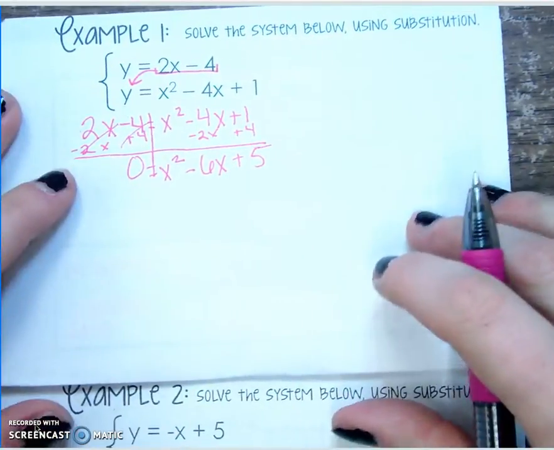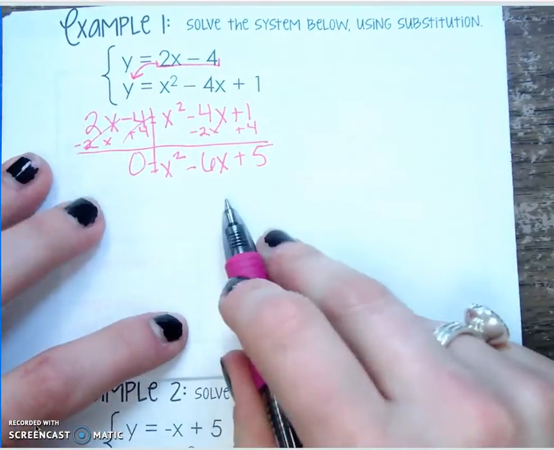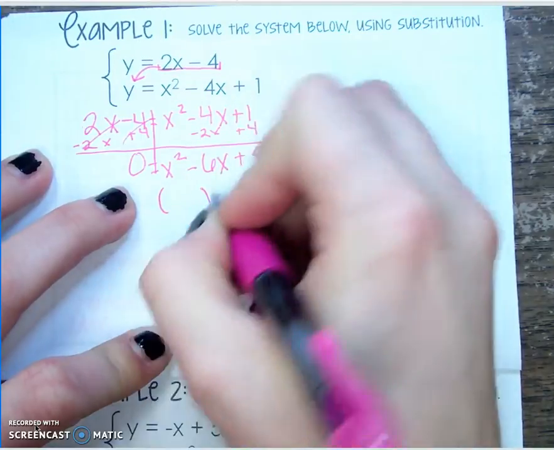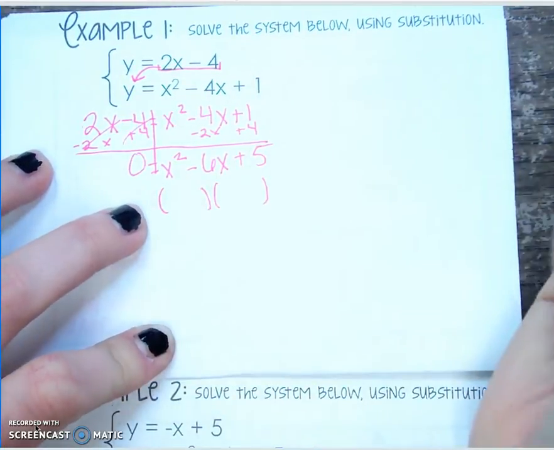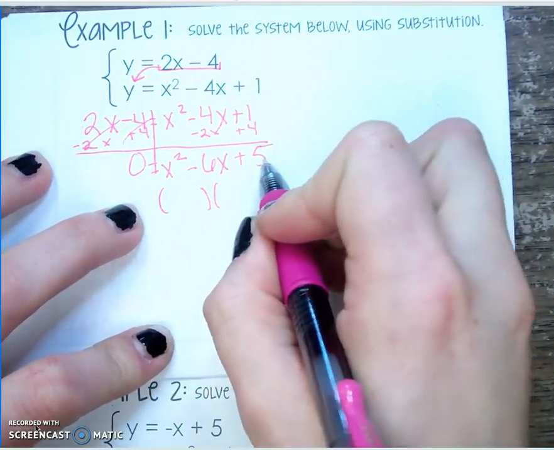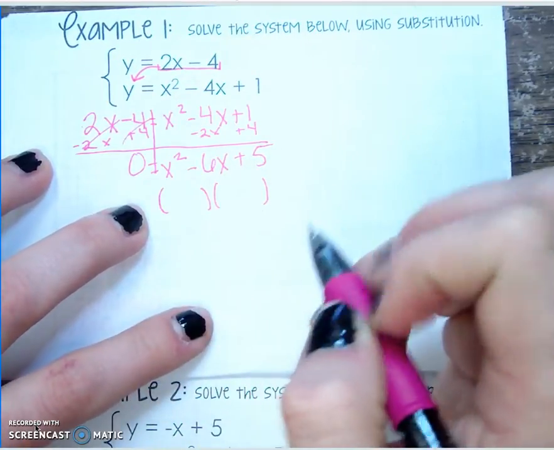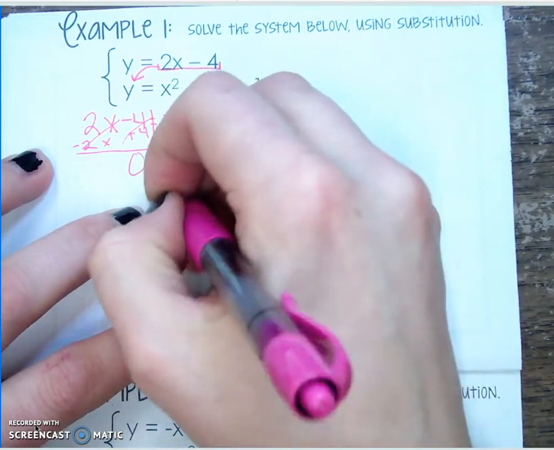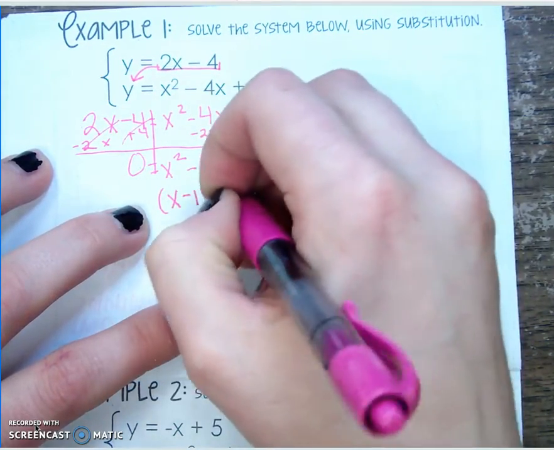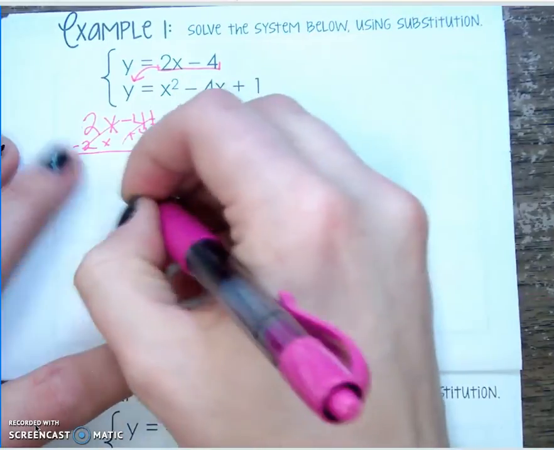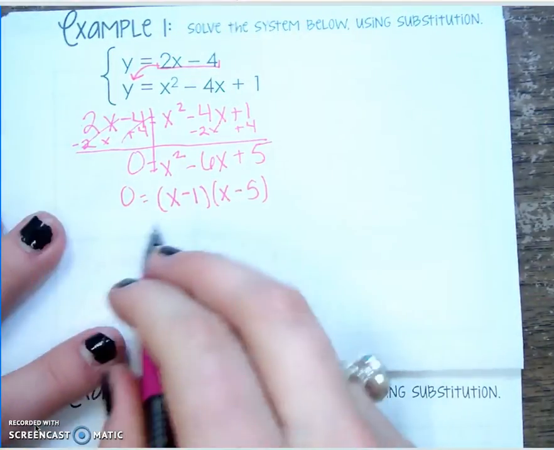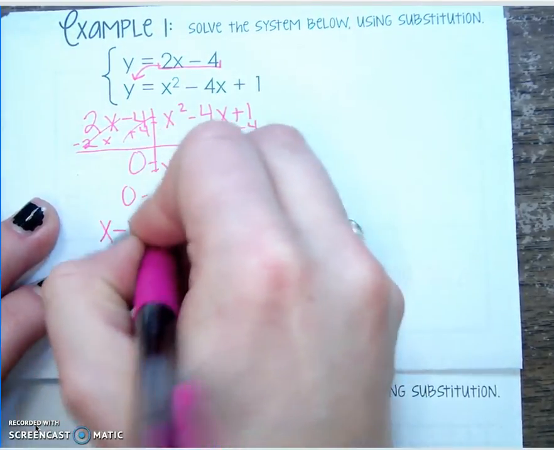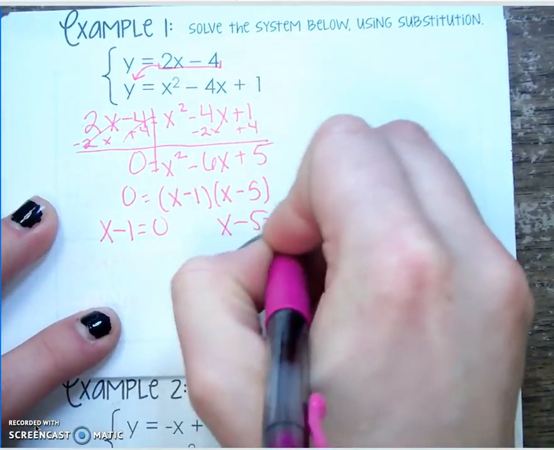Then what I'm going to do is factor to find my solutions. I know that I'm going to have two binomials. Two numbers that multiply to 5 but add to -6 will be x minus 1 and x minus 5. Then I'm going to solve by setting each of those equal to 0: x minus 1 equals 0 and x minus 5 equals 0.